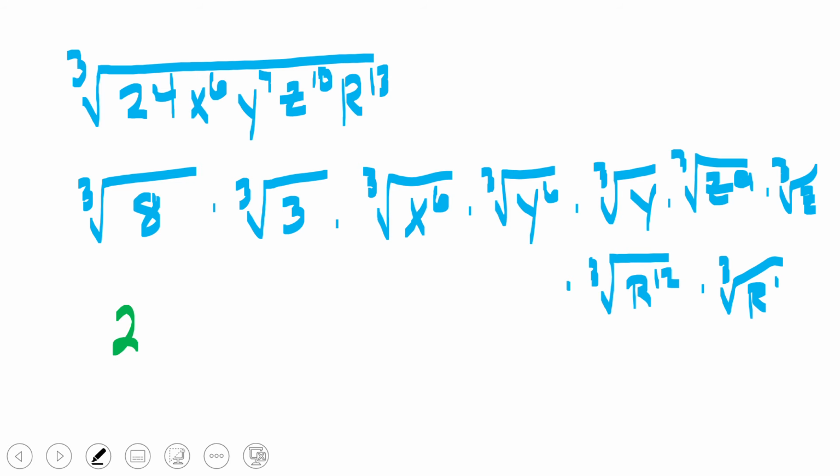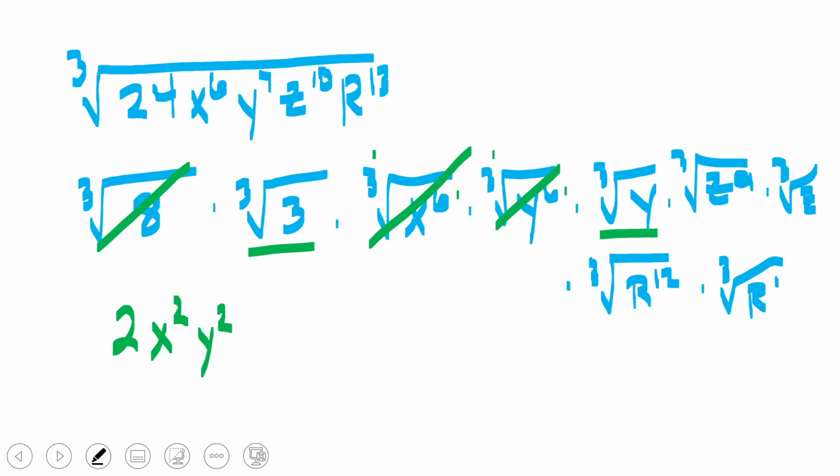The cube root of 3, we can't address right now. 6 divided by 3 here leaves an x squared. So we've addressed these two. 6 divided by 3 leaves a y squared. And can't address this one right now.